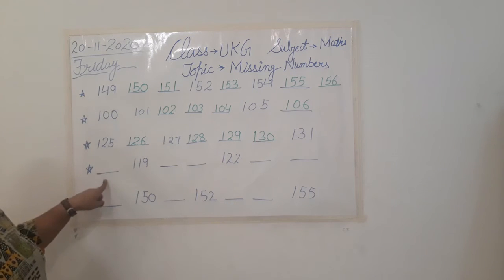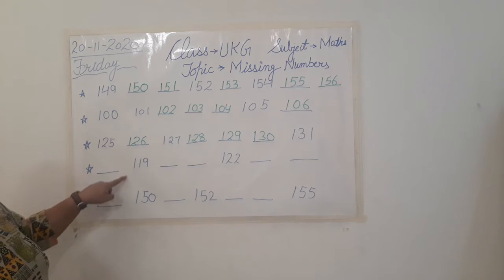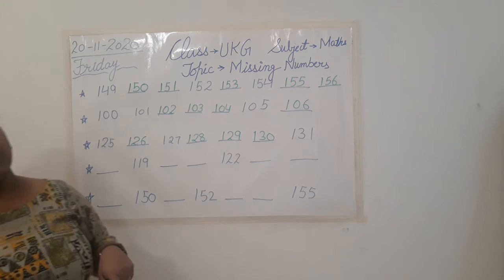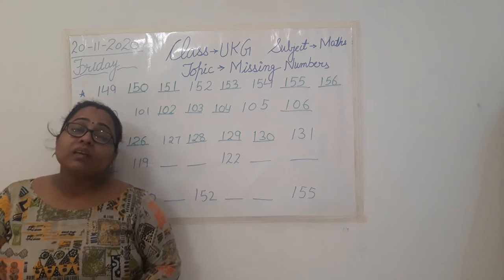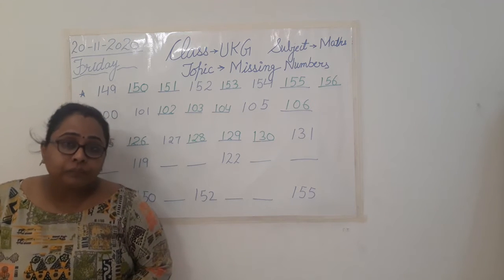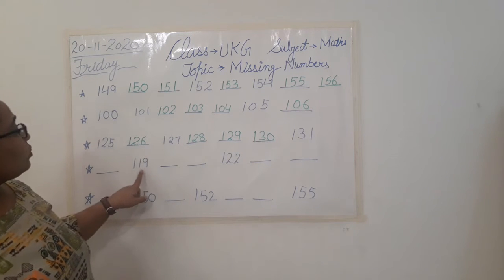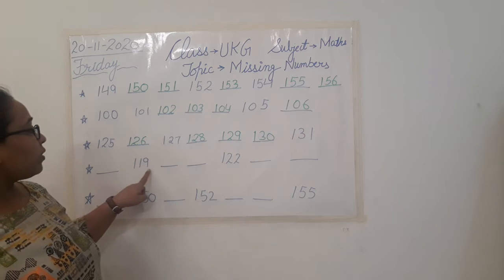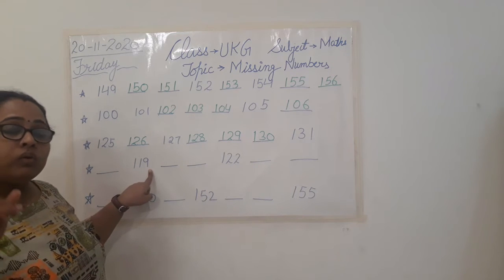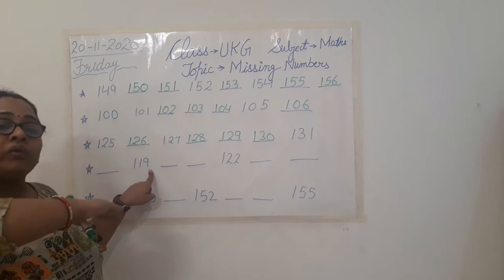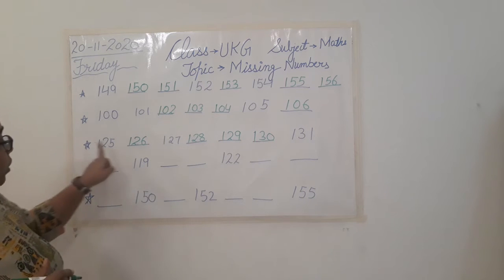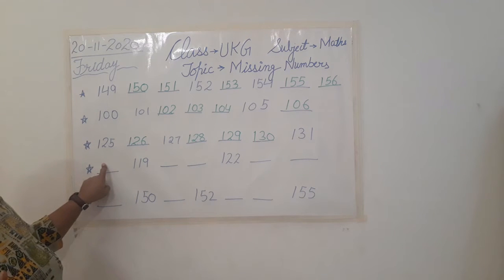Next we have, okay, so the first one is given blank. अब हम अपनी counting को कहाँ से start करेंगे? In this case, from where you are going to begin? See, I have given you the next number here, 119. Now you know what comes before 119. Tell me what comes before 119? 118.